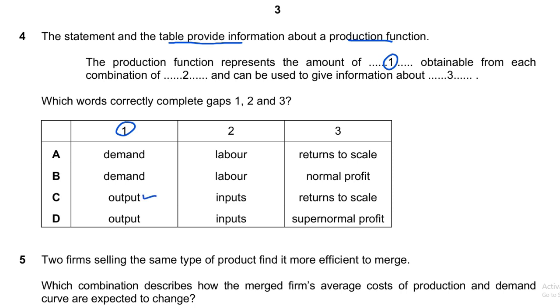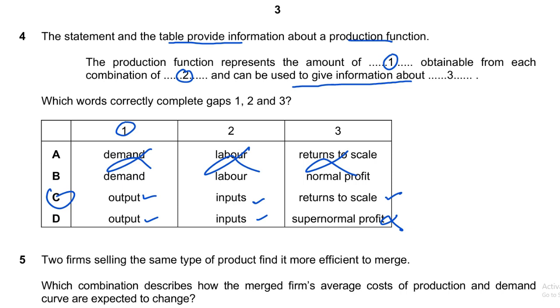So we will pick option C or D. Option C and D can be correct, so you can cross the first two values, and can be used to give information about returns to scale, not supernormal profit. So option C is the correct answer.